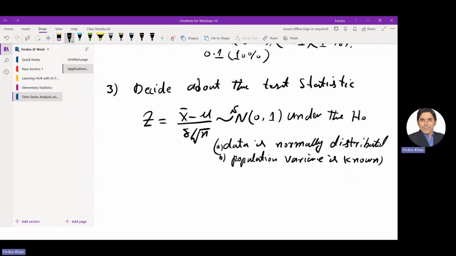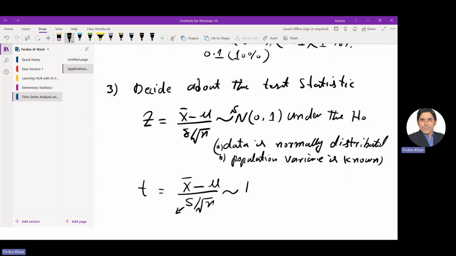In the other case, if the population variance is not known and the sample size is large, in that case, we also use the Z test, that's the standard normal test. The T test is X bar minus mu divided by S divided by square root of n, and S is the sample standard deviation now, because sigma is unknown.